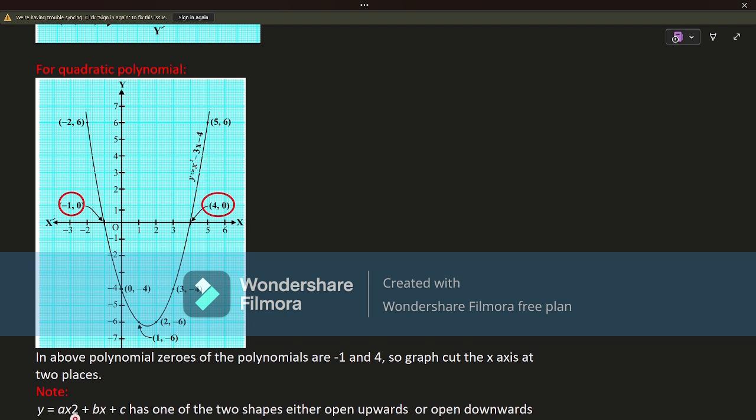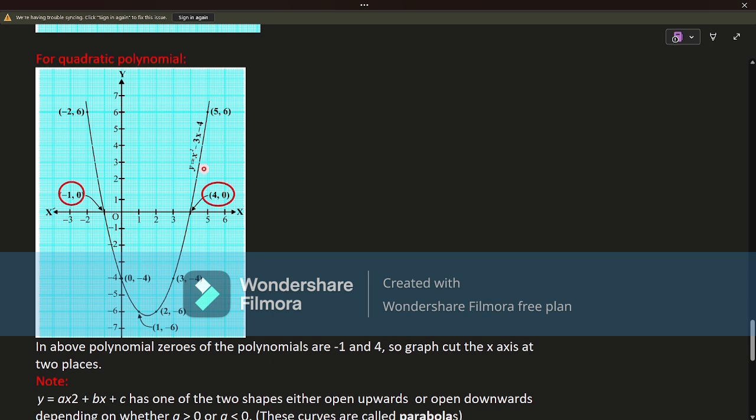I'm comparing this general expression of a quadratic equation and the real polynomial. By comparing, I can conclude the value of a is 1, the value of b is minus 3, the value of c is minus 4.